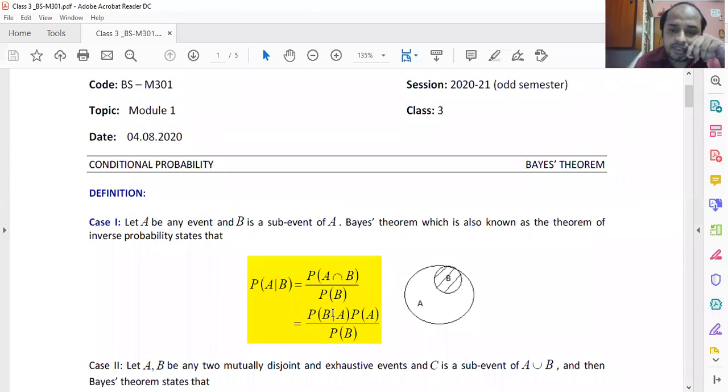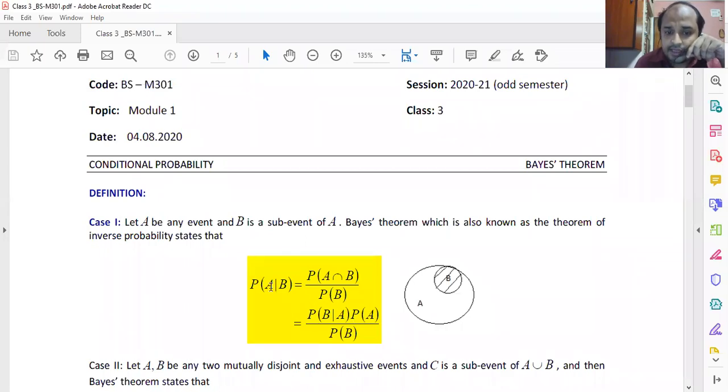Okay, and another important thing is that on the left hand side of the equation, probability of A given B is there. It means you are supposed to find the probability of the event A given that the sub-event has already happened. This probability can be found with the help of just the opposite, that means probability of the sub-event given that the original event has already happened.